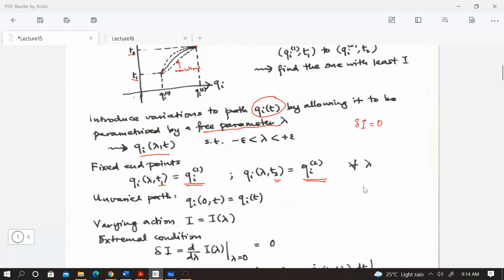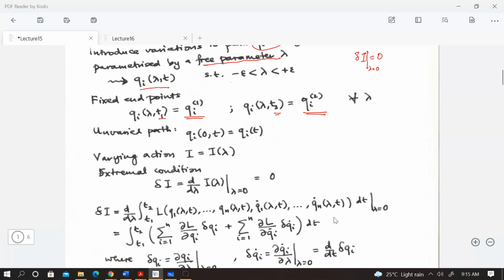So we assume this is going to be true when you take your action evaluated at lambda equals 0. So at lambda equals 0 it essentially gives you the extremum path.